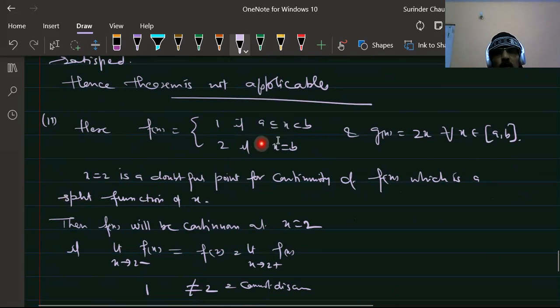From the problem we come to know that x equal to b is a doubtful point of continuity of the function f(x), which is a split function of x.